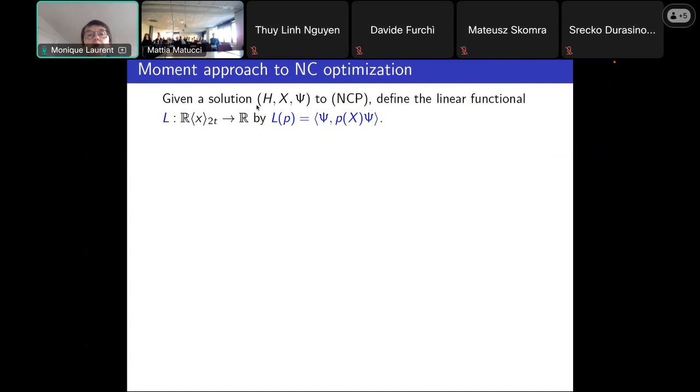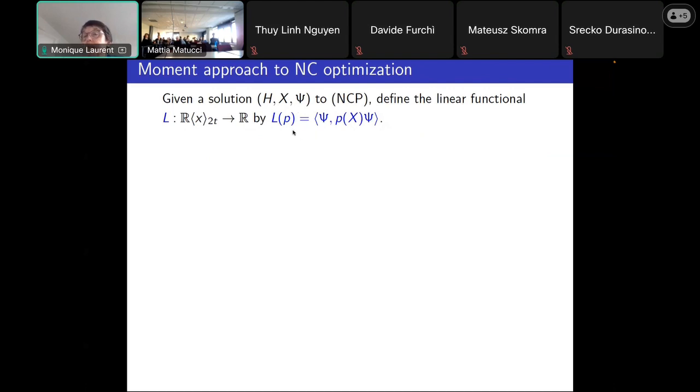Suppose we have a solution (X, psi) to our non-commutative polynomial optimization problem. Then we can define a linear functional L acting on non-commutative polynomials of degree 2t, say, to R. And this L is defined by simply L of a polynomial P is given by this expression.